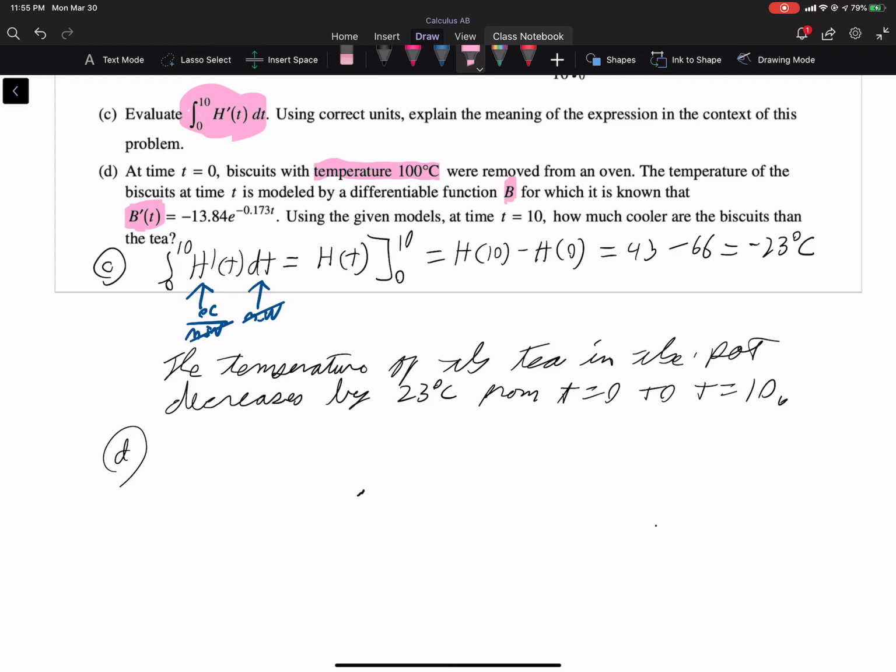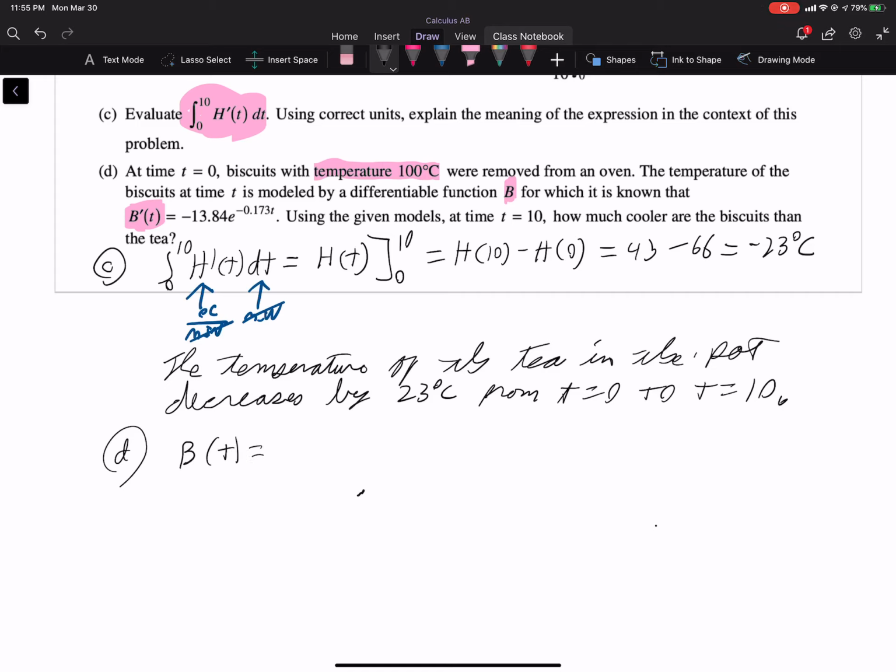How much cooler are the biscuits than the tea? What it's actually asking for is the temperature of the biscuits after 10 minutes. So we want B of 10.